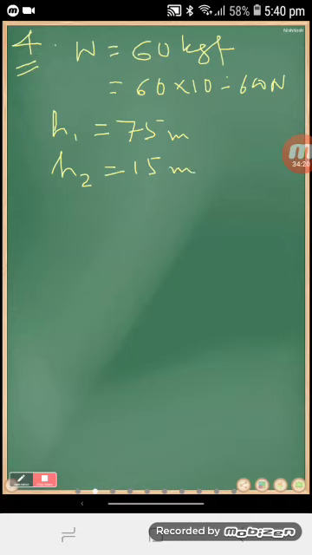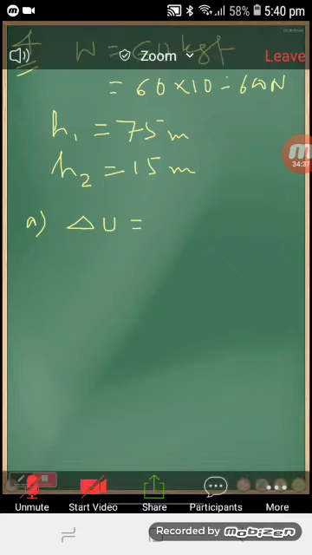So the first part, we have to find out the change in gravitational potential energy, that is delta U. Delta U will be U1 minus U2.